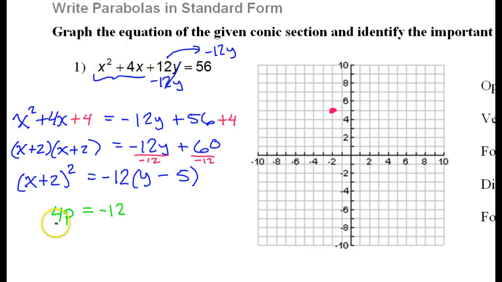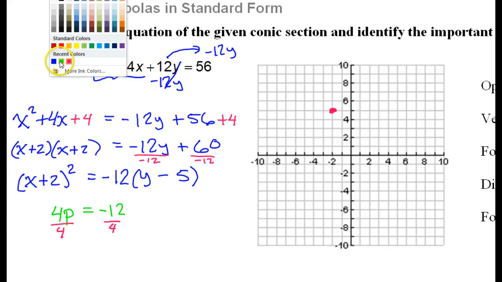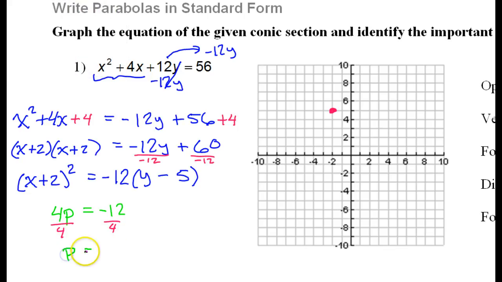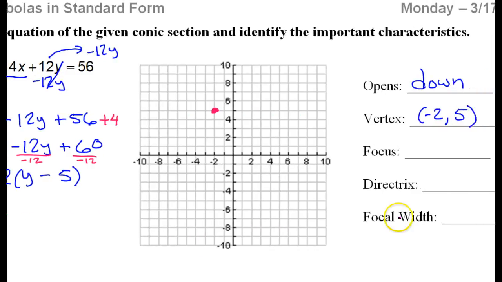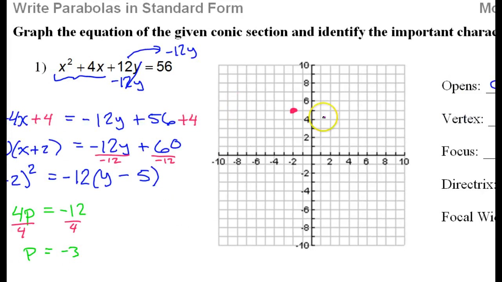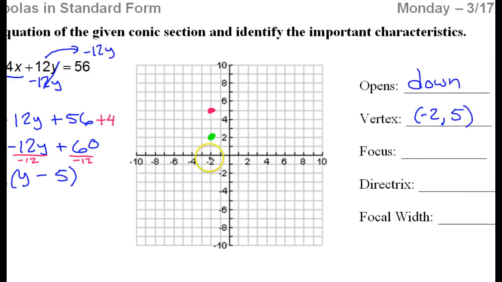If you look at it that way, dividing both sides by 4 is going to give us P equals negative 3. Now that tells us where the focus goes. We know it opens down, so that means the focus will be down. And now we know it will be down 3. So here's the focus right here. Of course, that is the point negative 2 comma 2.